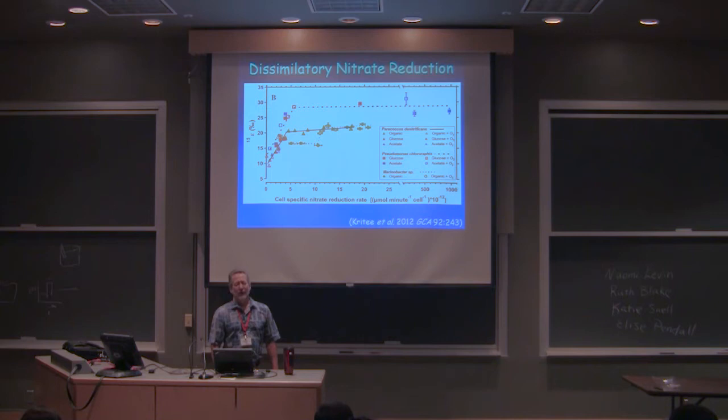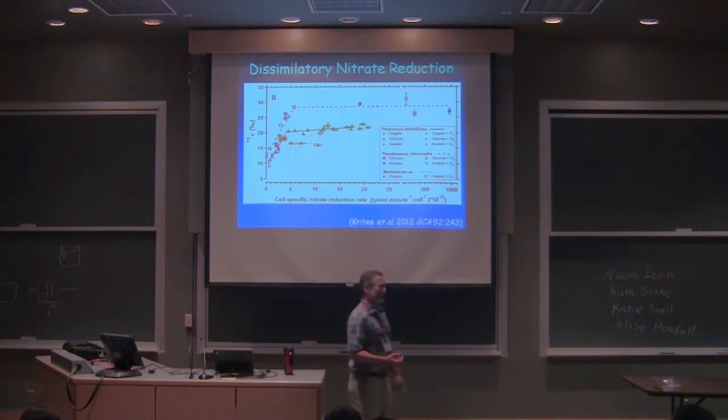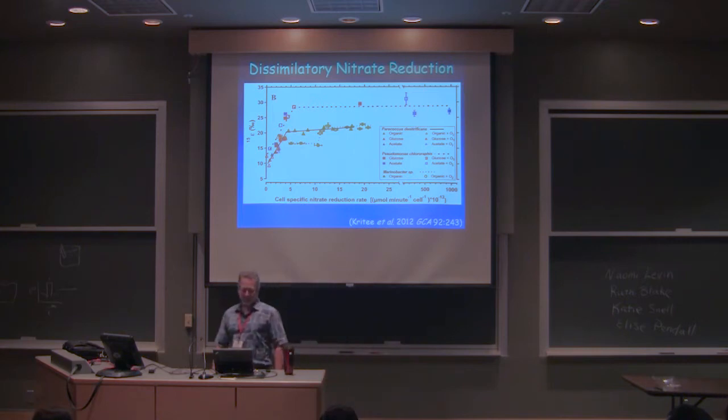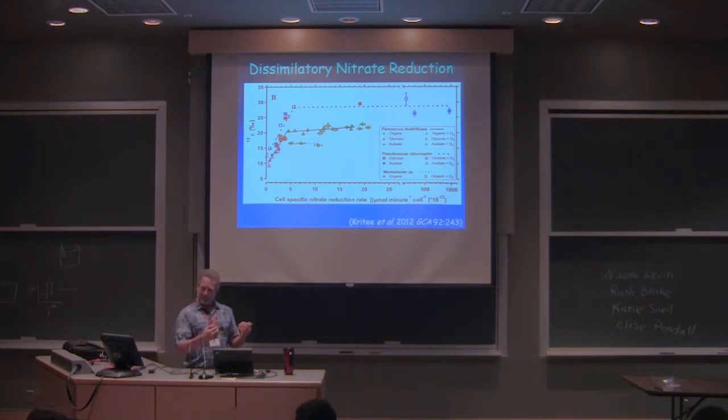Okay, so we also have nitrate reductase used by bacteria for dissimilatory nitrate reduction. And this is some relatively recent data that looked at isotope fractionation in denitrifying bacteria as a function of cell-specific nitrate reduction rate.